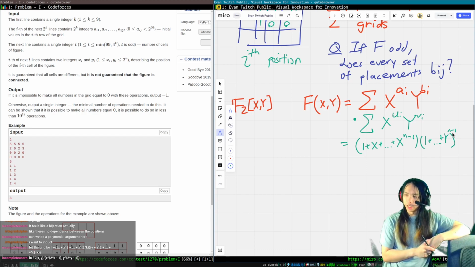Okay, but what happens if I plug in... Gosh, the problem is everything's mod 2. I was about to plug in everything equal to 1, but that's not quite what I want.